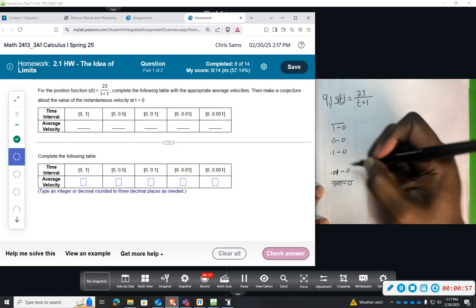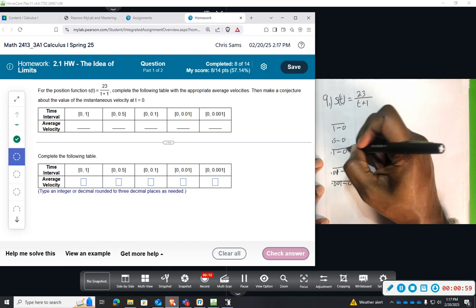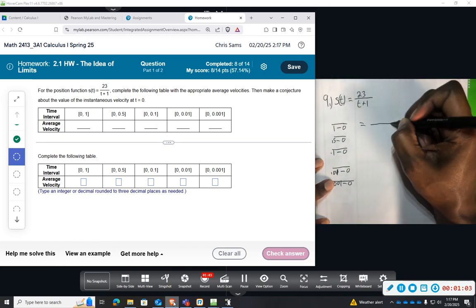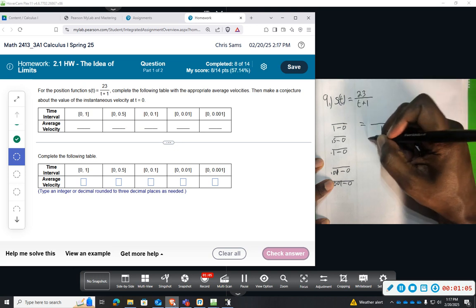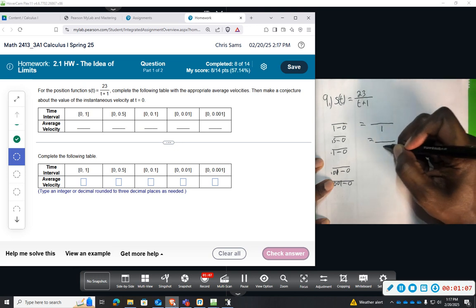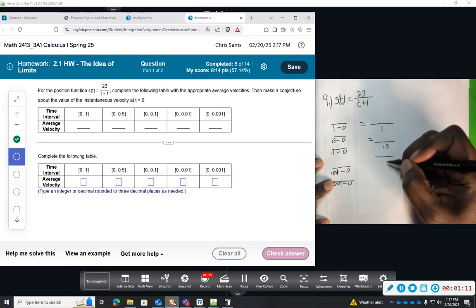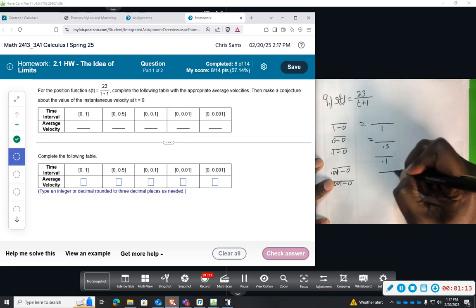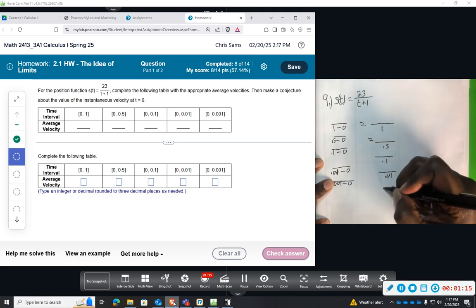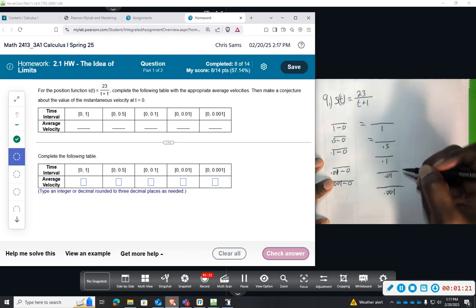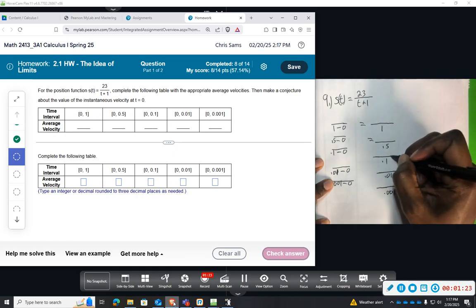So these are my denominators. When I subtract all of these, we'll just have a function where we're dividing by 1, by 0.5, by 0.1, by 0.01, and by 0.001. So the bottoms are just changing by powers of 10 after the second one.